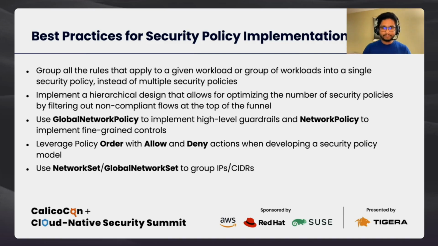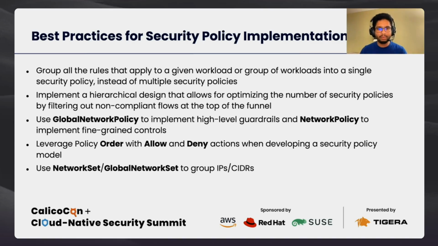Okay, so global network policies are what span across multiple namespaces or even all the workloads in the cluster. So you could use global network policies to enforce high-level security intentions and network policies for fine-grained controls that apply to very specific workloads. Leverage policy order with allow and deny actions when developing security policies, right?